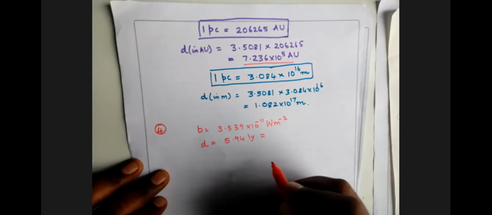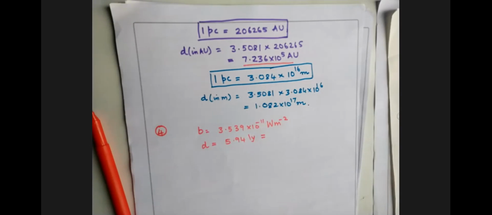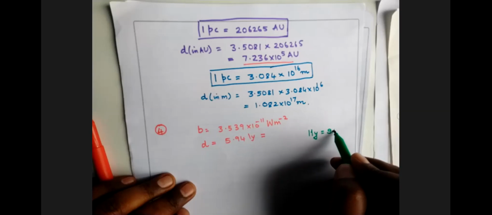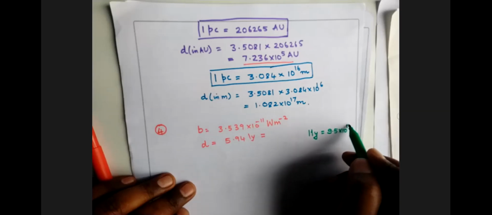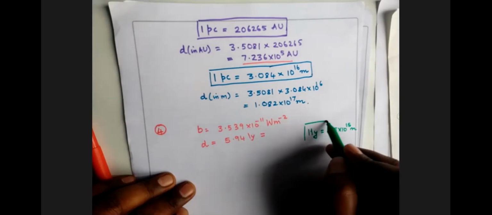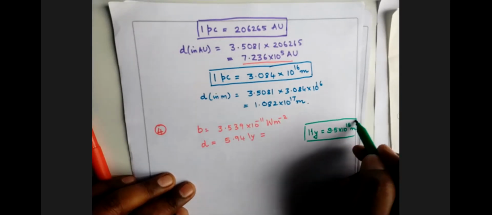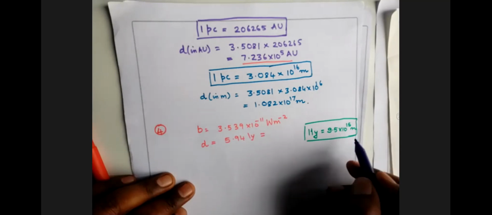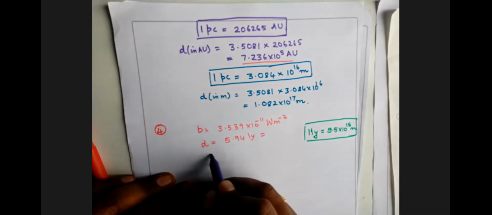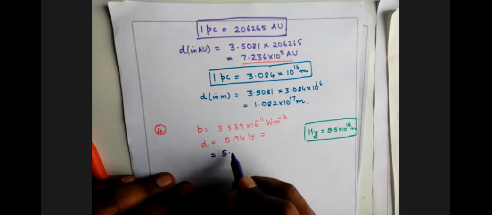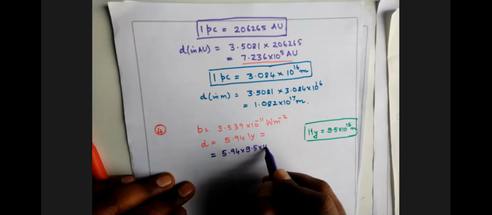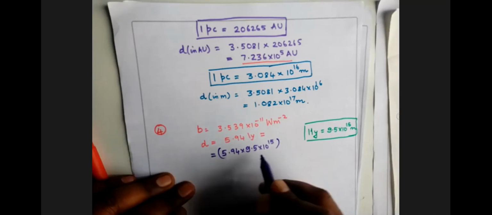We know that 1 light year is equal to 9.5 into 10 to the power of 15 meters. This is the conversion factor required. So the distance d is equal to 5.94 into 9.5 into 10 to the power of 15. Now it is in meters.